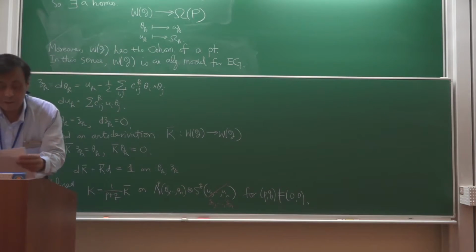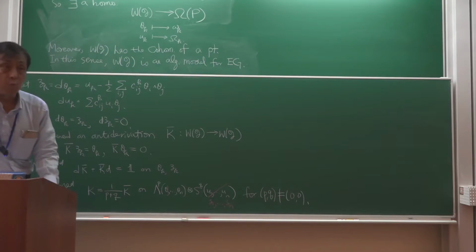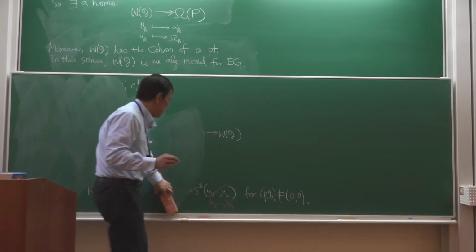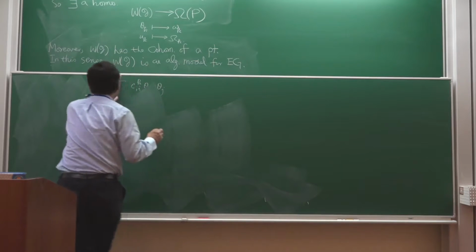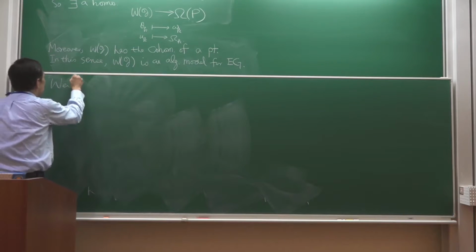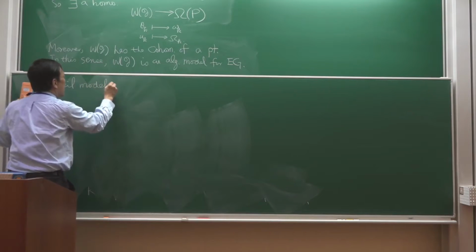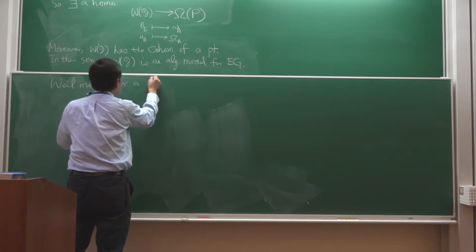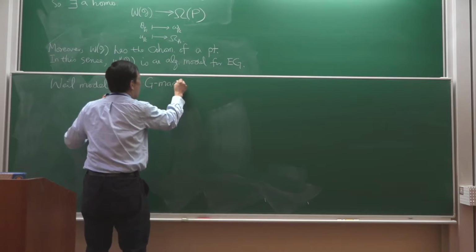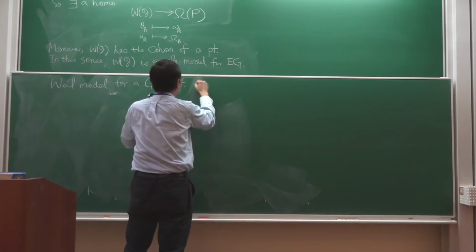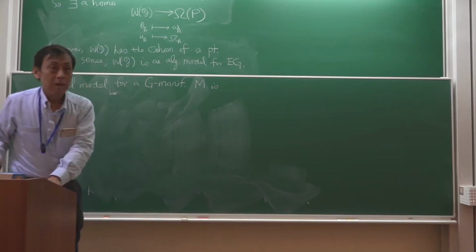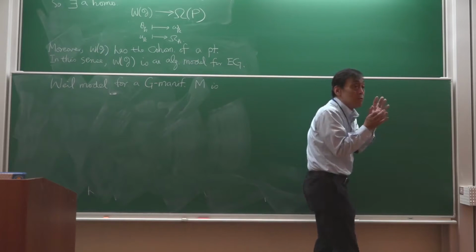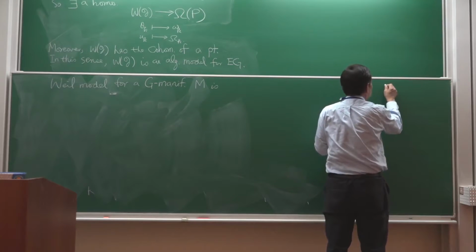Okay, so then last time I started trying to work out what the Lie model is for a circle action. Okay? So the Lie model for a G space, for a G manifold M, well, you want a model for the homotopy quotient.